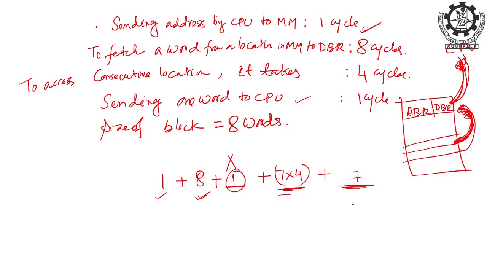This is wrong. So, what will be the right answer? This will be 1. Why 1? The 7th will be transferred, but for the last one, CPU speed is much faster because it is taking 1 cycle. So, there will be no data left to transfer, except the last data to put in DBR, and that data only will be transferred by the CPU. So, that 1 cycle will be included here.